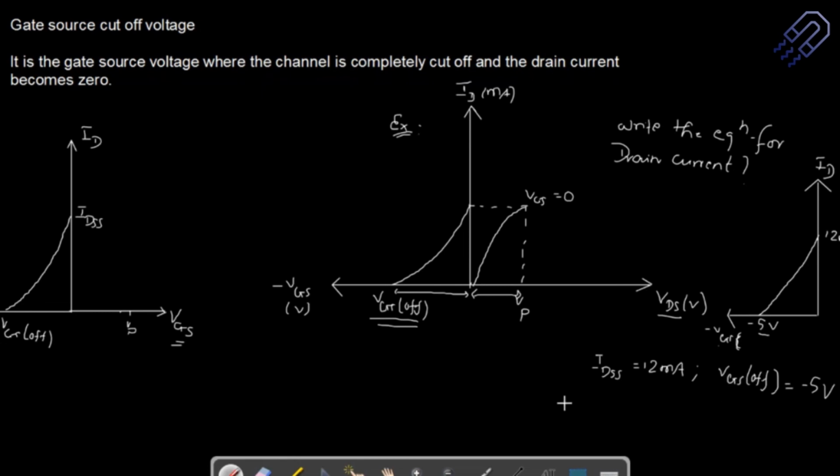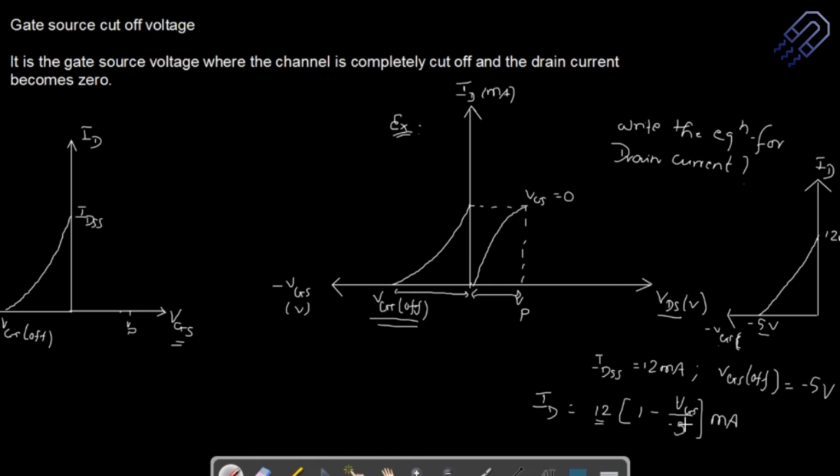If I want to write down the value of ID, I can simply write ID is equal to IDSS, which is 12. Then it is 1 minus, if you remember, on top we have VGS and at the bottom we have VGS off. So at the bottom I can write minus 5, and on top VGS, and this will be in milliamps.